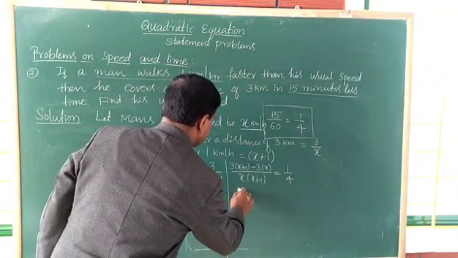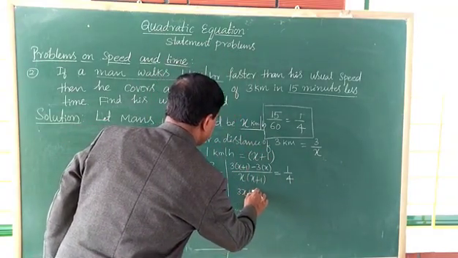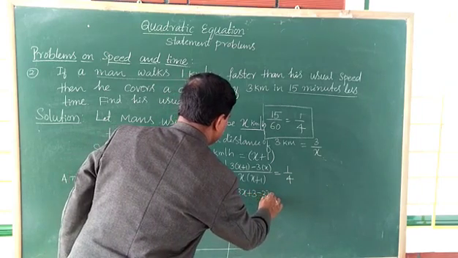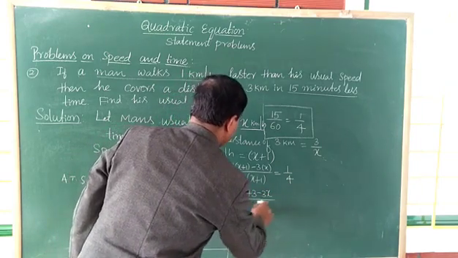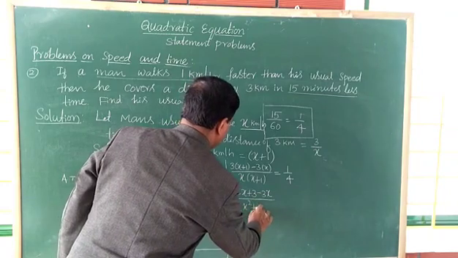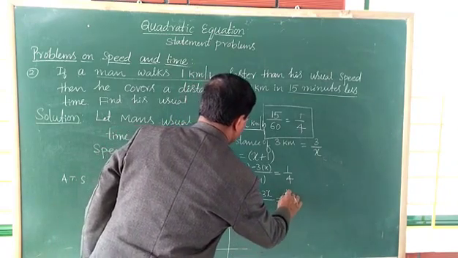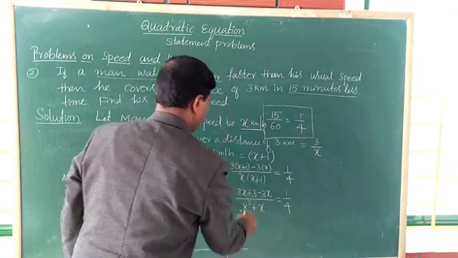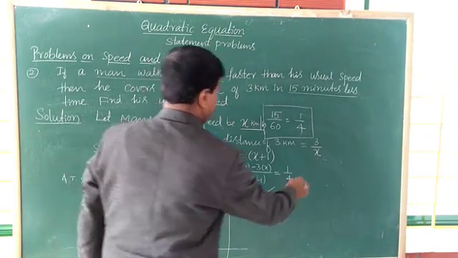Now 3 into x, 3x plus 3 minus 3x by x squared plus x is equal to 1 by 4. Here 3x gets cancelled.